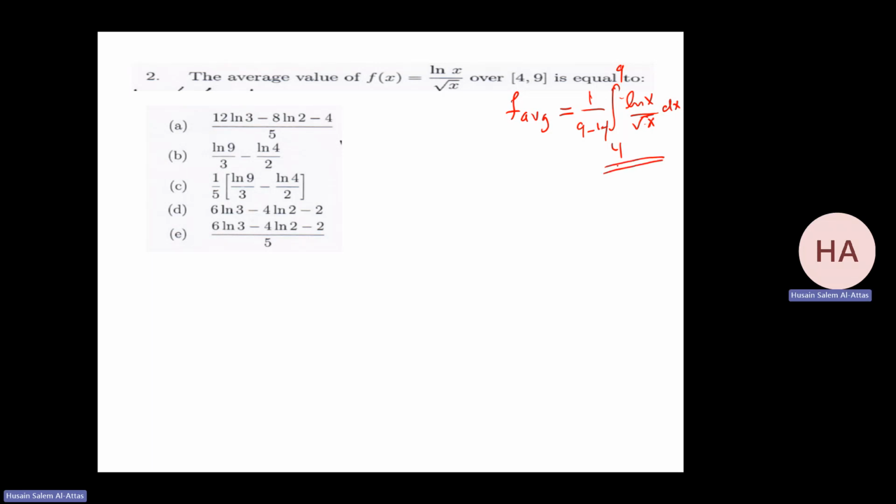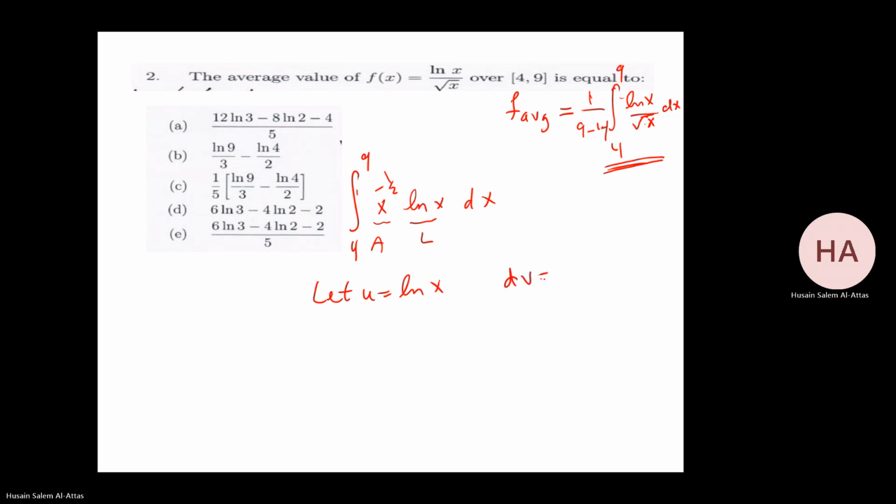So I need to do this integral over 5. Mainly I need to do this integral, which let me rewrite: 4 to 9, x to the power minus half, ln x dx. So for sure, I will let u equal ln x and dv be x to the power minus half dx. Then don't forget, I will multiply by 1 over 5 on that.